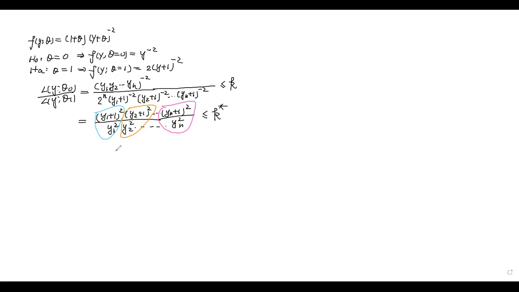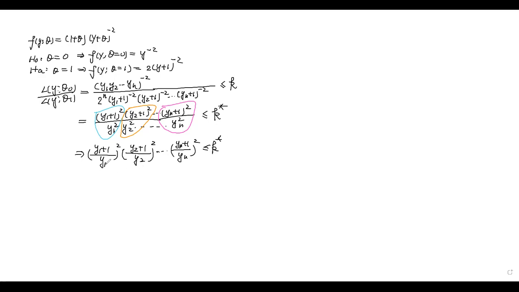For the first one, this will be y1, and this is (y1 plus 1) squared, then times y2 and (y2 plus 1) squared, right? Then till the last one, this will be yn and (yn plus 1) squared, less than some constant. This is my rejection region.